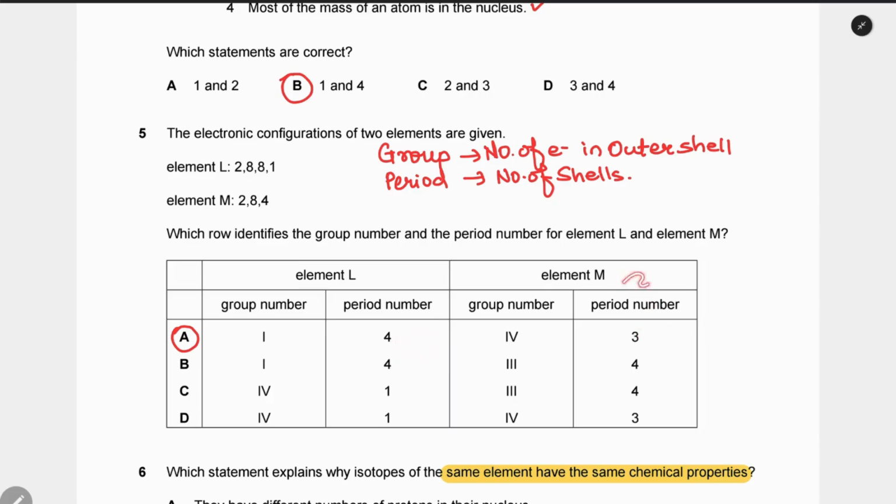Now let's check for element M. Element M has 4 electrons in the outermost shell, that means group number 4, which is A and D. Now let's see for period number, which is the number of shells: 1, 2, 3. So this indicates period 3. Because for element L the first one is correct, element M will also be correct. So the answer is A.